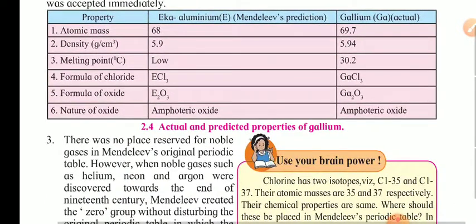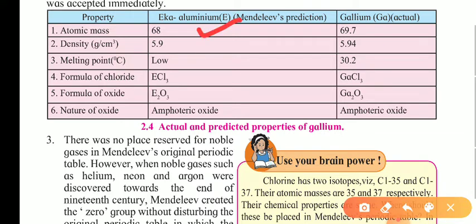was almost correct. You can see over here the table they have given about the Eka-aluminium and the gallium, what they actually found later on. He predicted atomic mass as 68, they found 69.7. Density they predicted as 5.9 and they got later on 5.94.